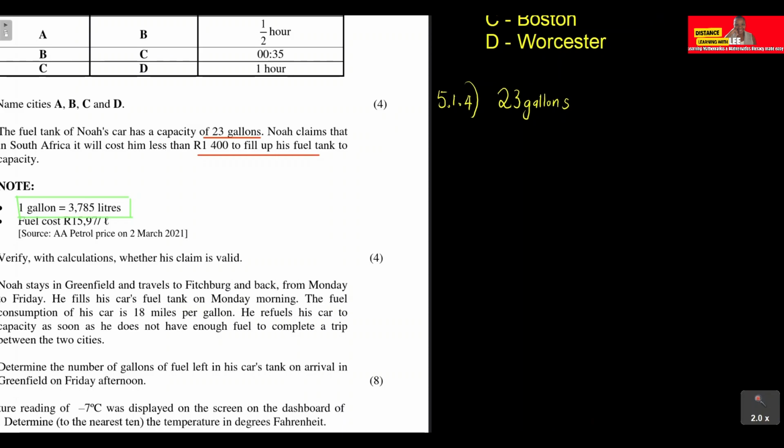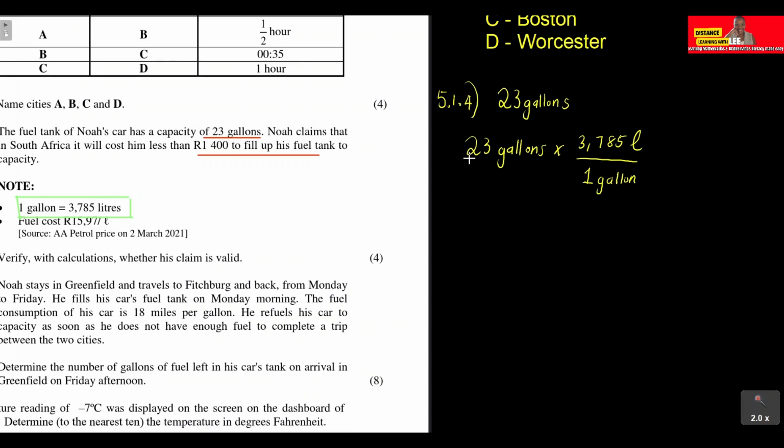So we take the 23 gallons and multiply by the units we want, liters, which is 3.785 liters, divided by what we have, which is 1 gallon.